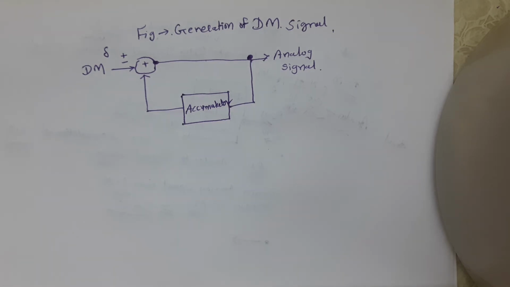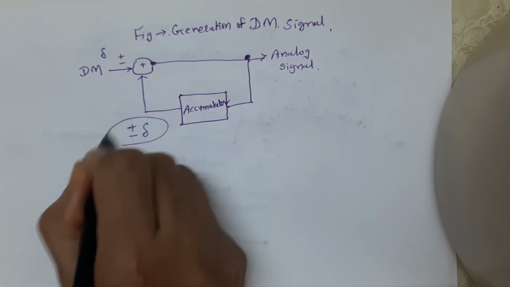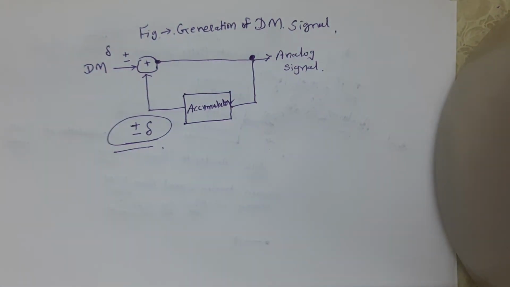The second sample is constructed from the first sample by adding plus or minus delta. The second sample is then stored in the accumulator for future reference. The third sample is constructed from the second sample using plus or minus delta. The process continues till the last sample is reconstructed.